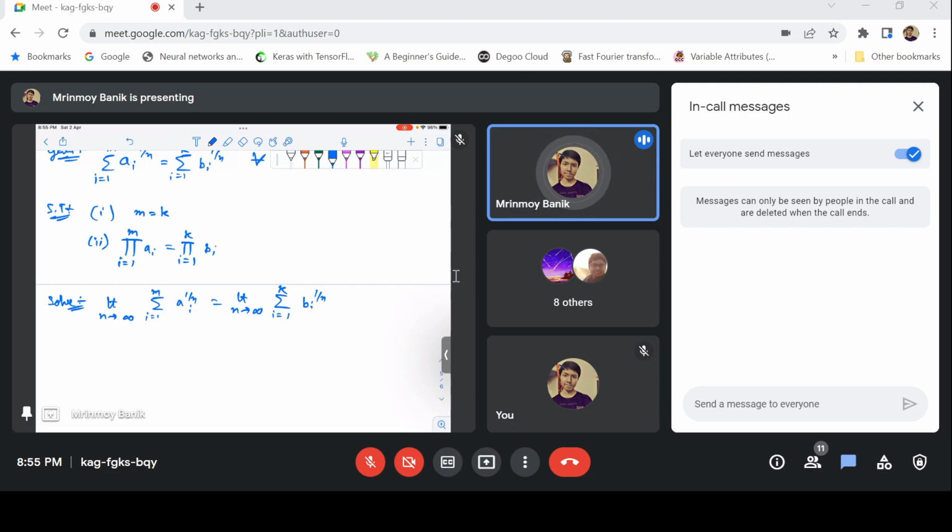So a constant to the power 1 by n where n tends to infinity will surely be 1, right? Just a minute. So this term is 1 actually, and finitely many terms going to 1 will add up. So LHS adds up to m.